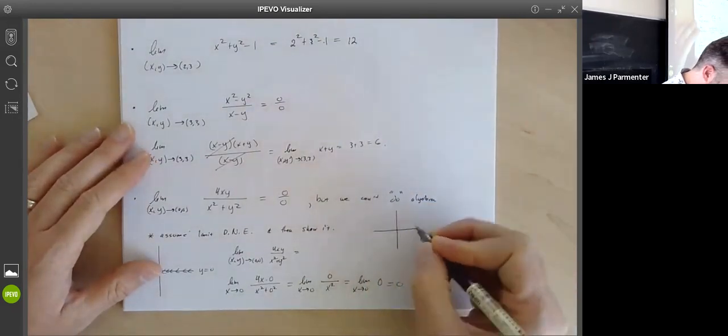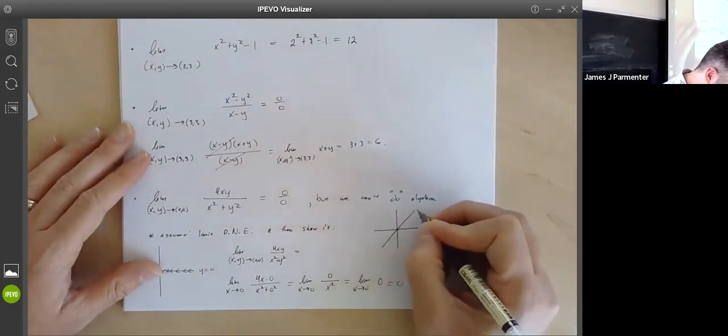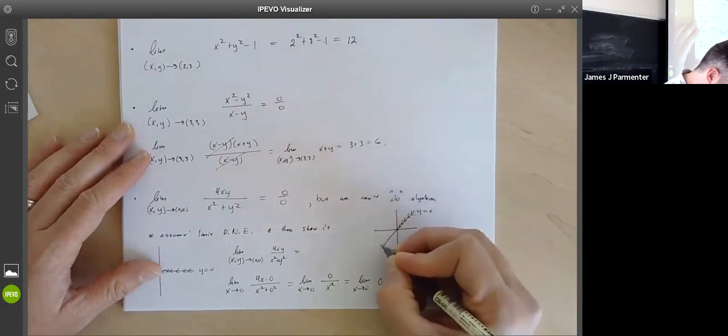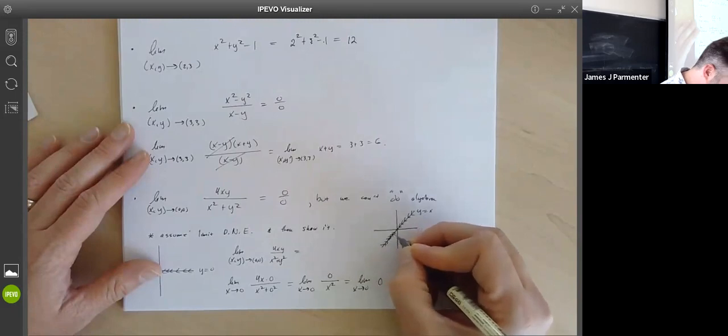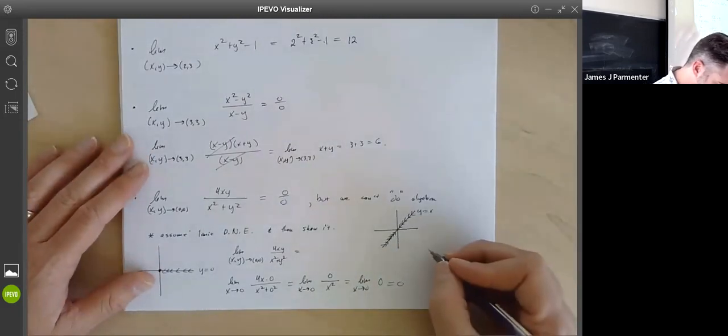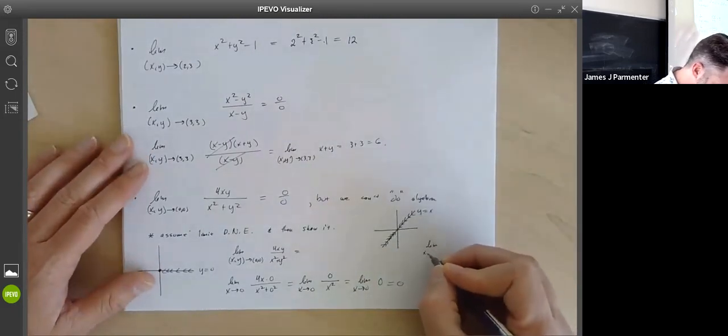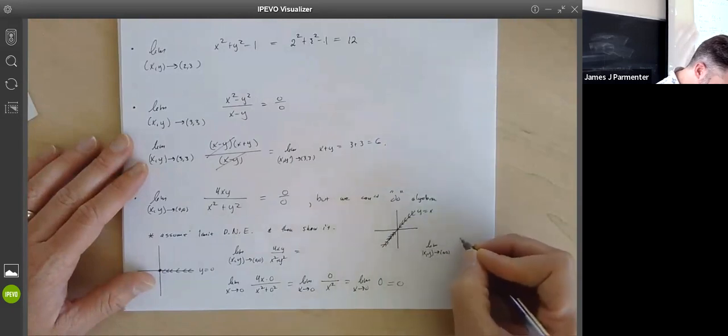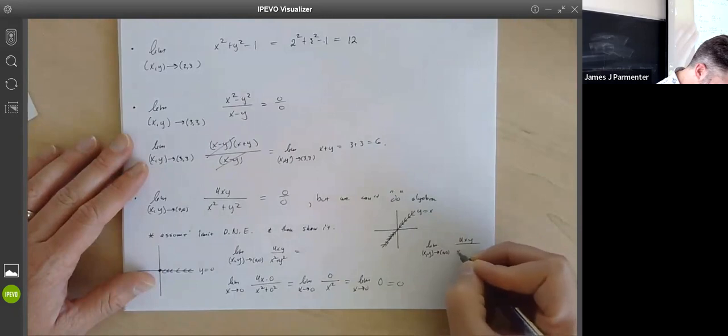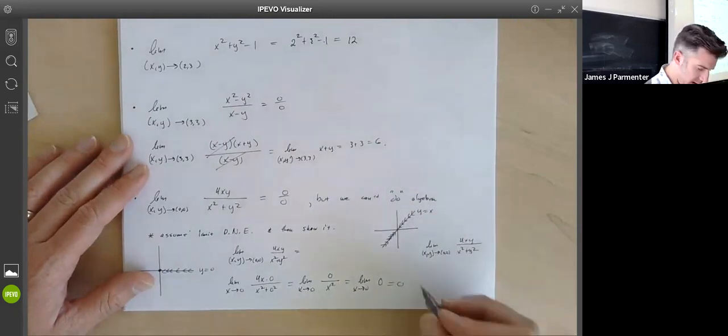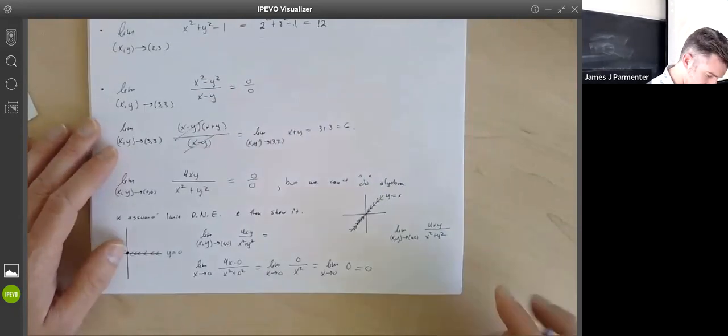Let's say I come from the direction of y equals x. So now if I do that, the limit as x, y approaches 0, 0 of 4xy over x squared plus y squared. You can make either choice. I'm going to choose to replace y with x.